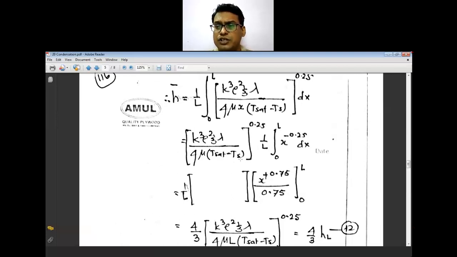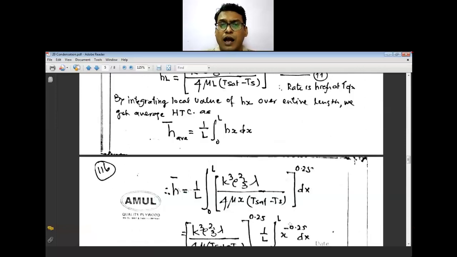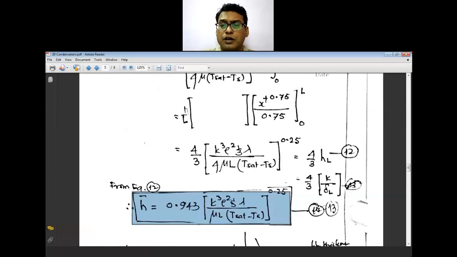On simplification, you will get this as 4 upon 3 hL, or h average is equal to 0.943 [k cube rho square g lambda upon mu L (T saturated minus Ts)] raised to the 0.25. This is a very important equation. You have to remember this heat transfer coefficient for the entire surface of length L.